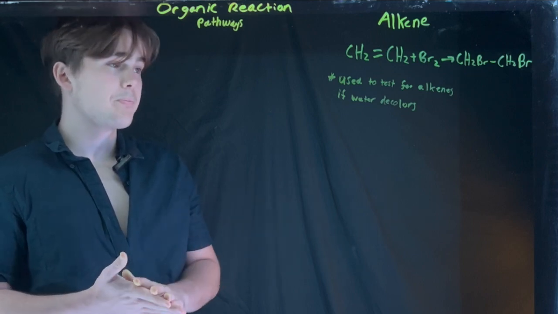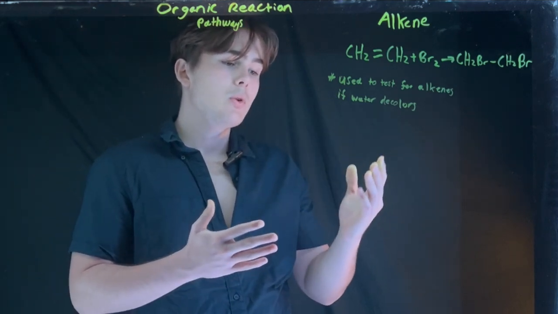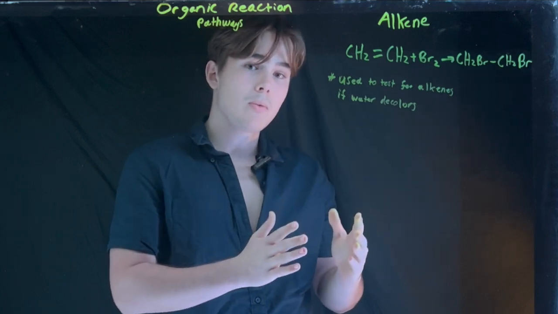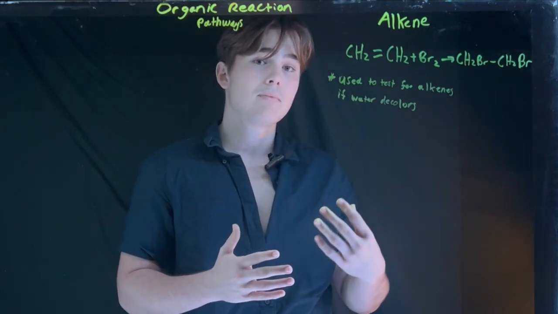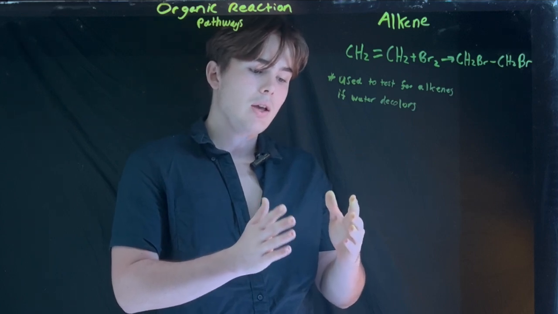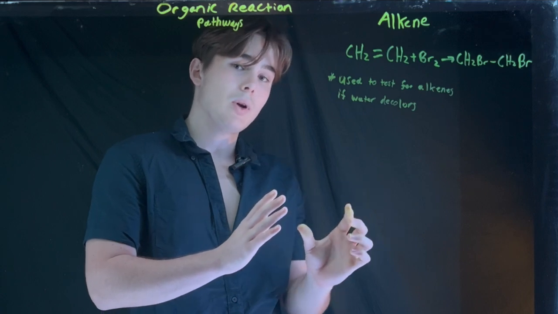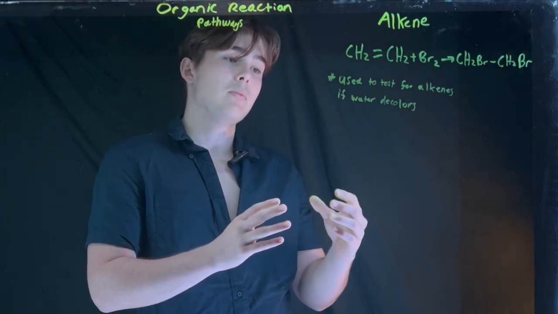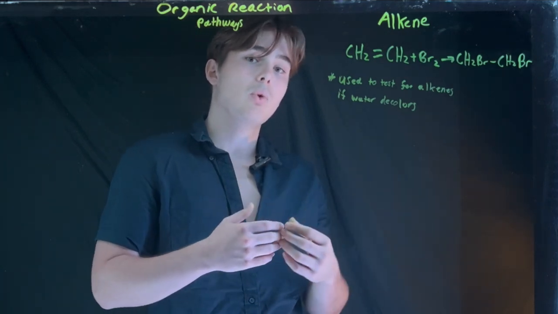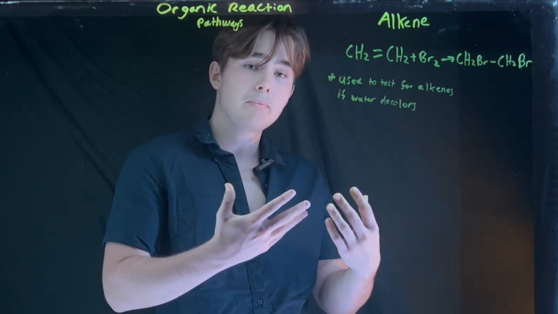For example, let's say a molecule was placed in bromine water, which is usually brown in color, and the water became clearer or less brown.